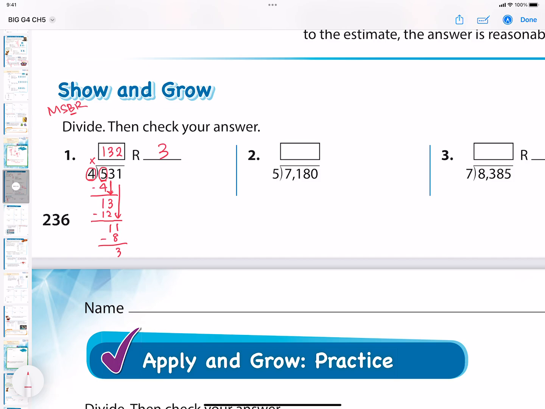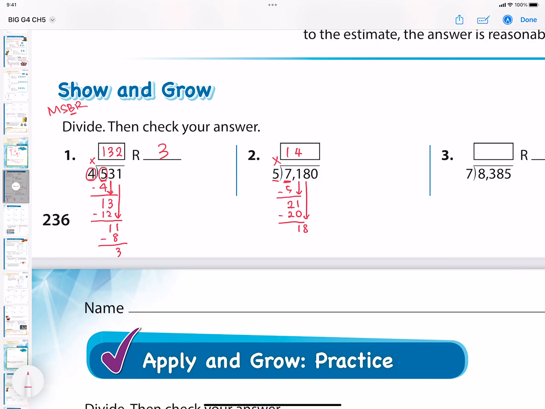All right. Now let's move on to number 2. This is simple, okay? Just repeat and repeat the process. So MSBR, remember. 5 can fit into 7 by what? 1 time, which is 5. Now I'm going to subtract, which is 2. Bring this down, which is 21 now. 5 times 4, I know, is 20. Then subtract again, and it becomes 1, and bring this down again. I'm repeating the process as you see, right?